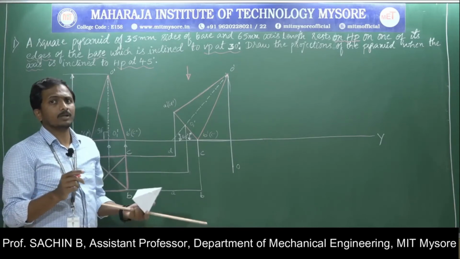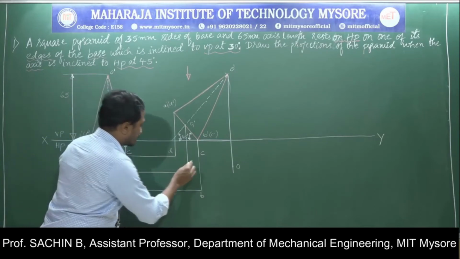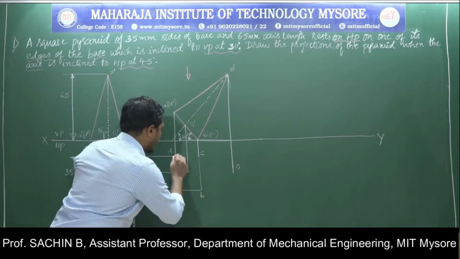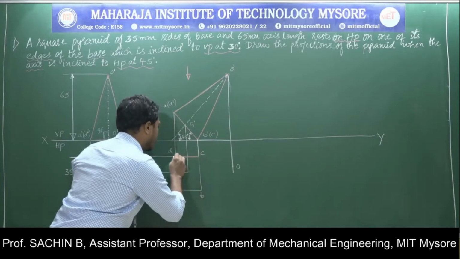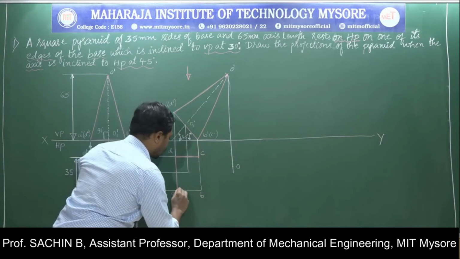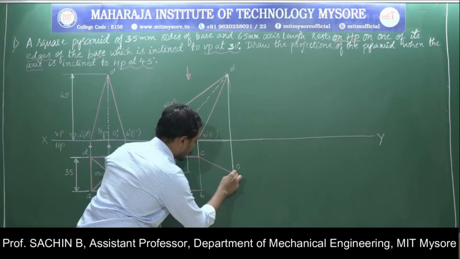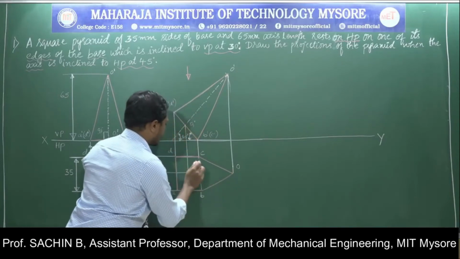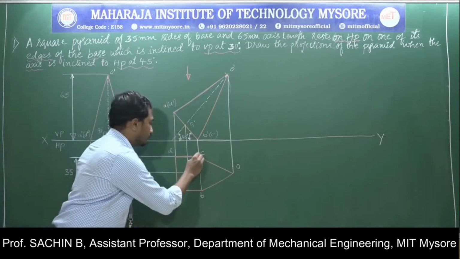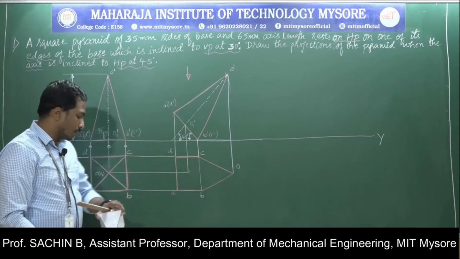Outermost edges are nothing but the boundary lines, and they are visible in the top view. These are the outermost edges of this particular top view of the object.